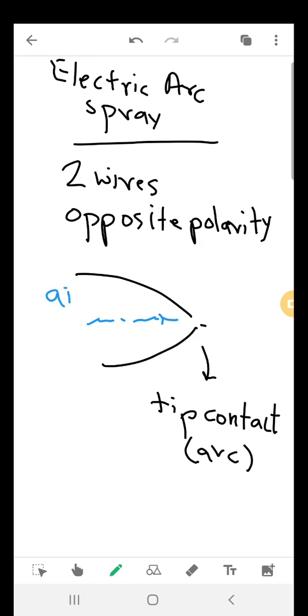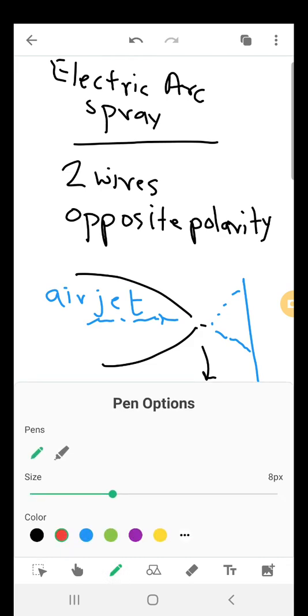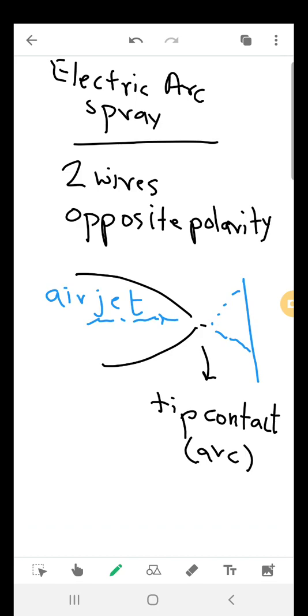We have an air jet from compressed gas, and again in the same way the molten droplets are produced and they get deposited onto the substrate, and the temperature in this case rises to around 600 Kelvin.